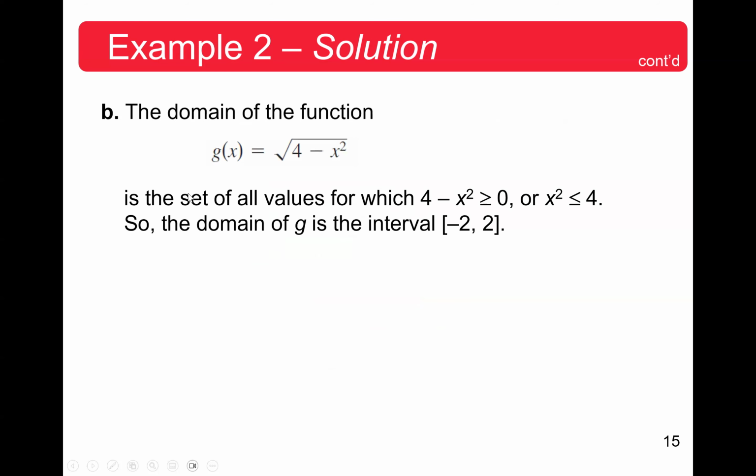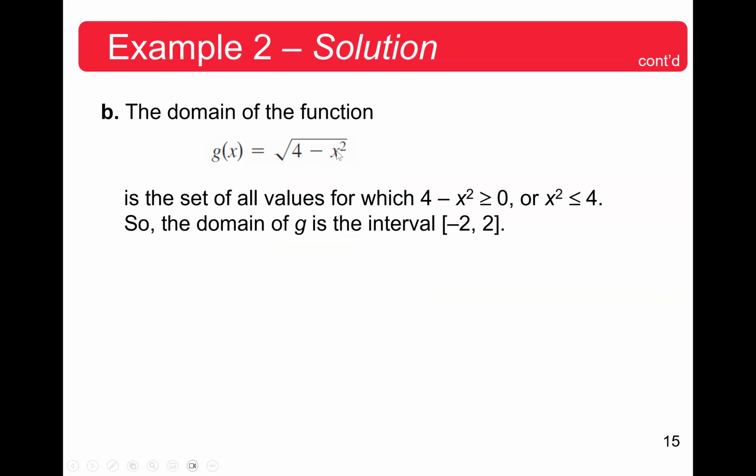Now let's look at another example here. We have g of s equal to the square root of 4 minus s squared. Here also we have to be careful. We have a square root. We don't want a negative value. So here we say that 4 minus s squared should be greater than or equal to 0. Or in short, we can say s squared should be less than or equal to 4.